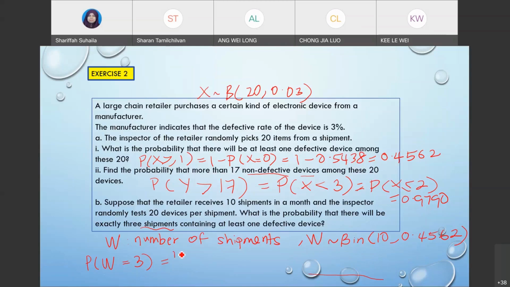Probability W equals 3. So that means you have 10 choose 3, times 0.4562 to the power 3, times 1 minus 0.4562 to the power 7. So we get what is the value?